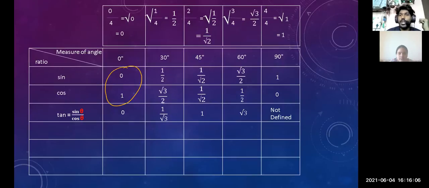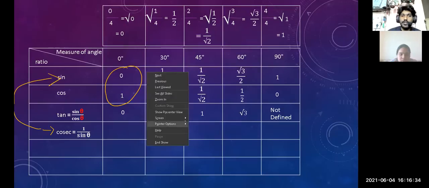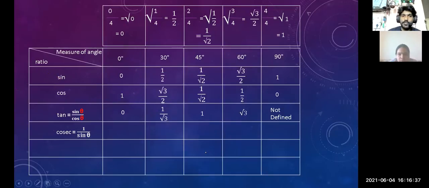Sine is reciprocal of, can you tell me? Sine is a reciprocal of cosec. Correct. So our next is cosec. Next we have to find the values of cosec, so you just take the reciprocal of sine values. 0, 2 upon 1, root 2 upon 1, 2 upon root 3 and 1.